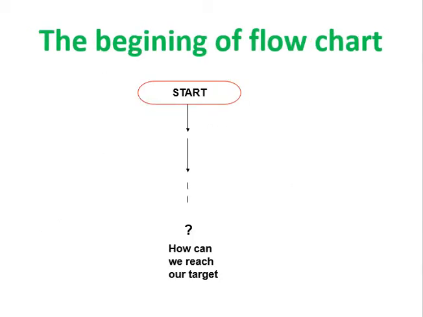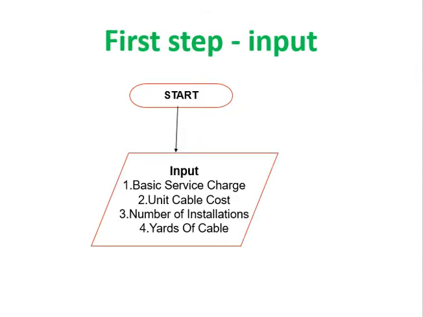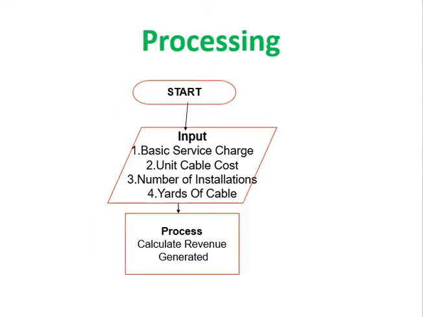At the beginning of the flowchart, we use the start symbol as we saw previously, and with this arrow we get the next direction for the flowchart. The first step is the input. When we start the flowchart, here is the symbol for the input. Maybe the input is basic service charge, unit cable cost, number of installations, yards of cable. Here is the decision symbol. Next is the processing symbol.